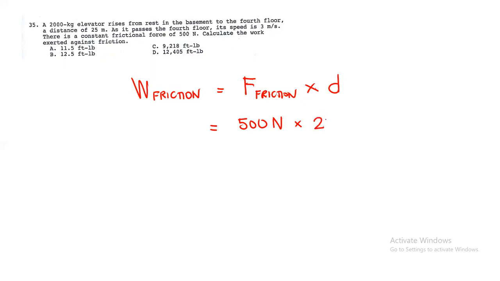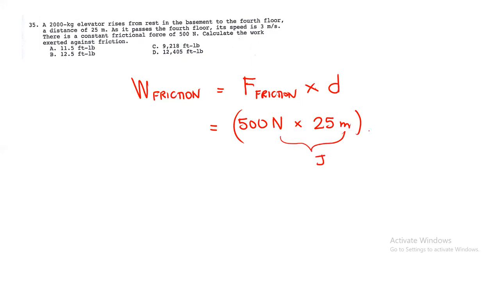So syempre, para makuha natin yung work ng friction, frictional work is equal to friction force times distance. So ilan ba yung friction force natin dito? 500 Newton. So times distance na. Ilan yung distance natin dito? Distance pala yan, 25 meters. So Newton-meter is joules.